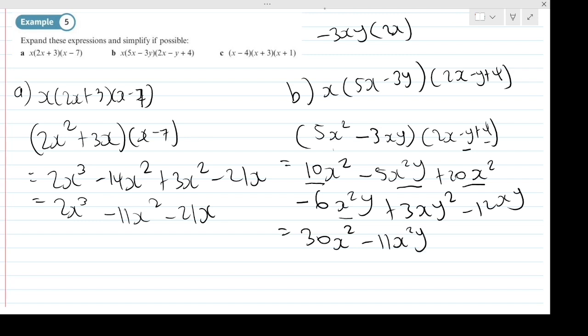Then we have an xy squared on its own here, so plus 3xy squared. Then we have minus 12xy. And there we are. That should be simplified. No. Oh, correction. My apologies. The first bit, 5x squared times 2x is 10x cubed. There we are. So instead, this will be 10x cubed plus 20x squared.